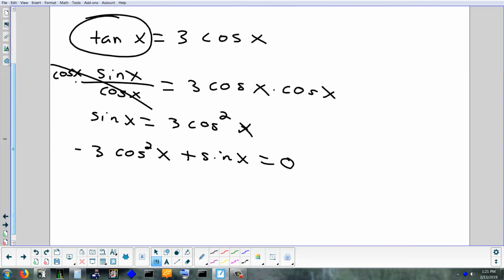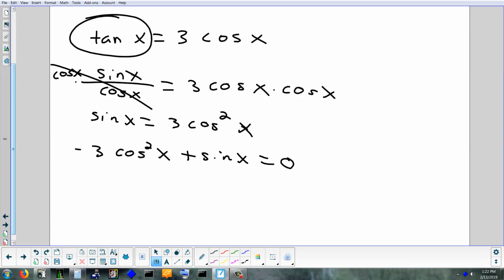Now, you've got a choice. Which trig function should you plug in for? Cosine squared or sine? Sine. You should plug in sine or cosine. You should just tell me which one I should change. The cosine to a sine.